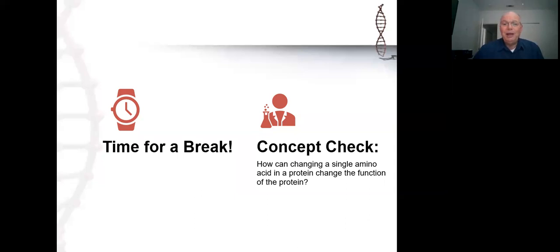Because if the amino acid is in a key point in the polypeptide, it is going to change the way that polypeptide folds, which almost certainly will change the function of the protein. Because remember, the function of a protein is a result of its shape. If you change the shape in any way, you're obviously going to have an effect on its function.